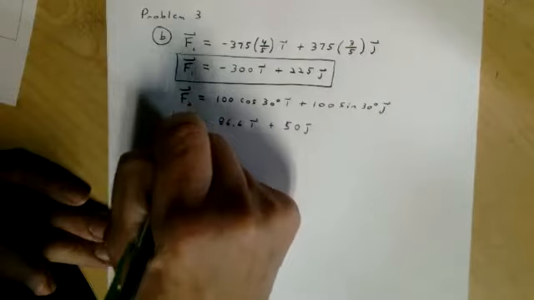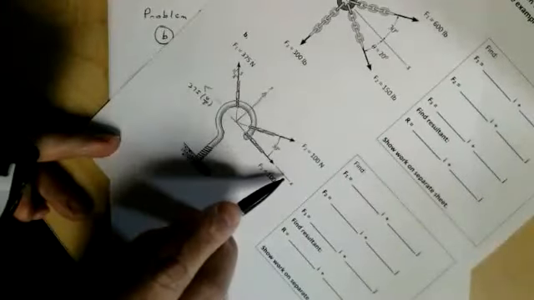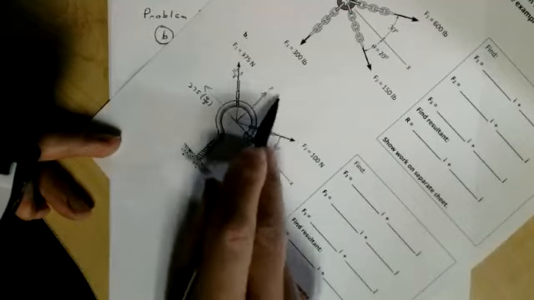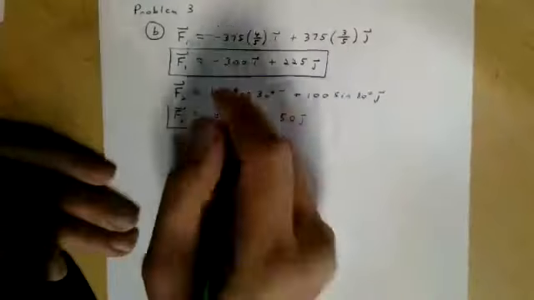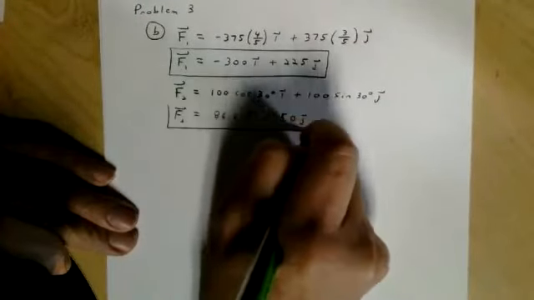And that's our answer for F2. Let's just check the signs again. It's positive in the X direction, positive in the Y direction. So those are going to be positive.